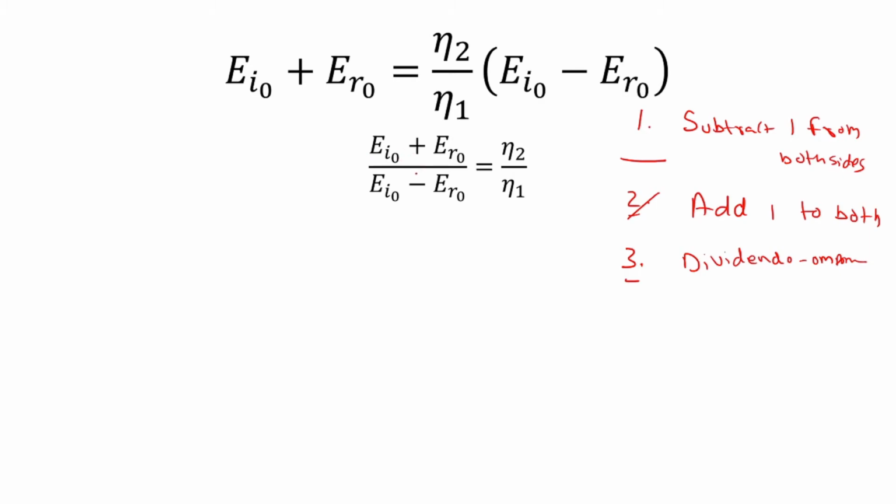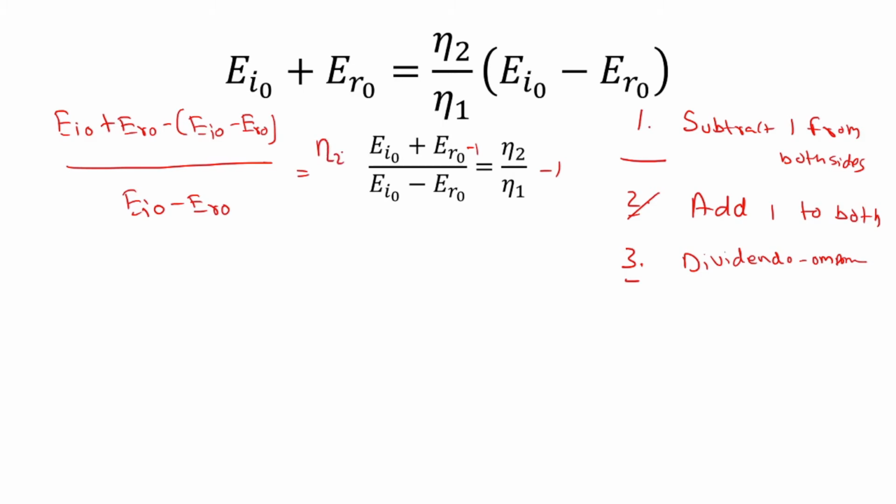If I subtract 1 from both sides, the LCM would be Ei naught minus Er naught. So I would be getting Ei naught plus Er naught minus Ei naught plus Er naught, divided by Ei naught minus Er naught, which is equal to eta 2 minus eta 1 by eta 1.